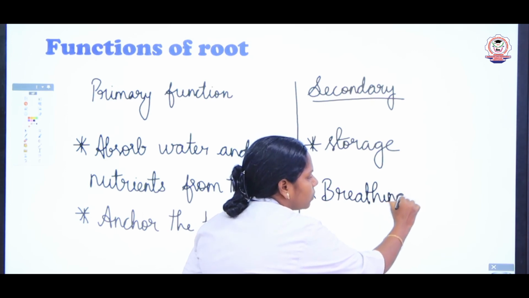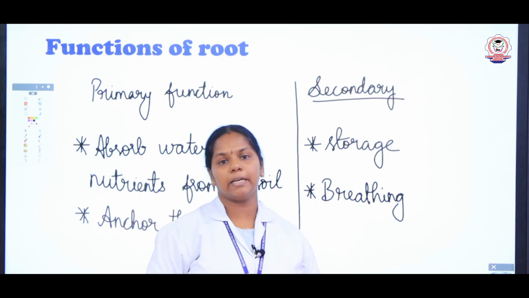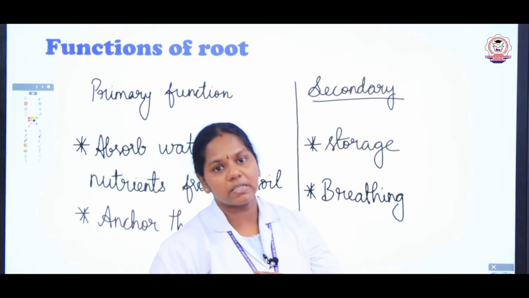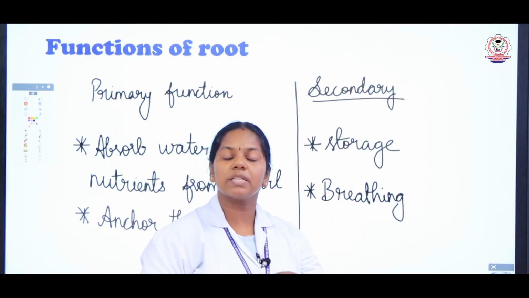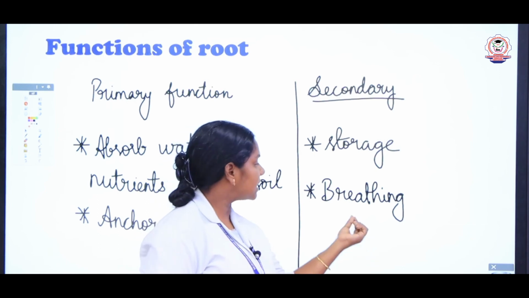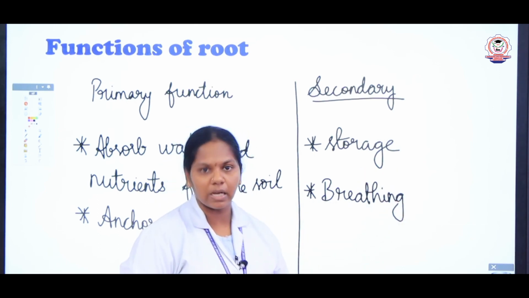Have you all heard about the Avicennia plant, children? It is found in the Sundarbans and Pichavaram. In those areas you can see the roots are fully clogged by water. In such places, breathing roots arise to absorb oxygen from the atmosphere.